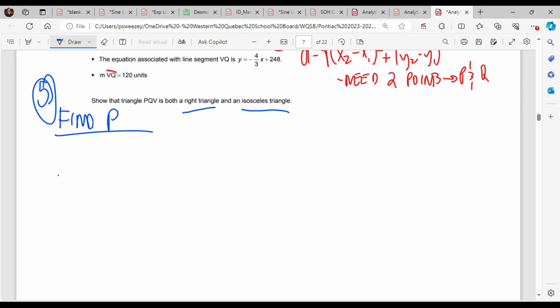Oh no, not that one. Okay. So if I just gave you this line here, told you that that's the rule for that line, and that we know the point we're looking for is the x-intercept, I have the rule. I know it's the x-intercept, so I know y is 0. So all I would have to do to find P is plug it in and solve.